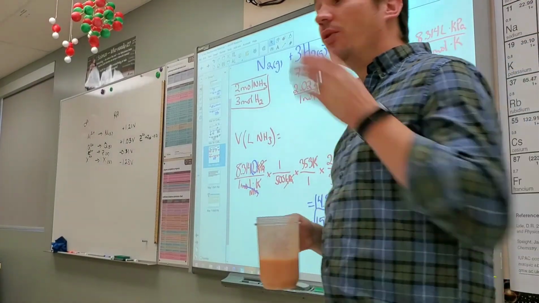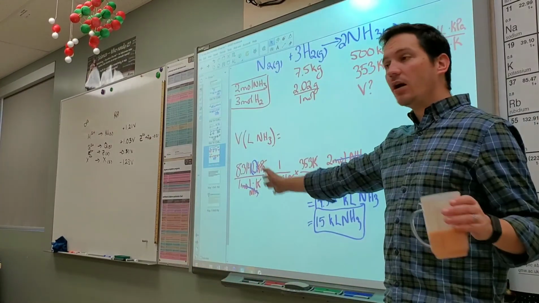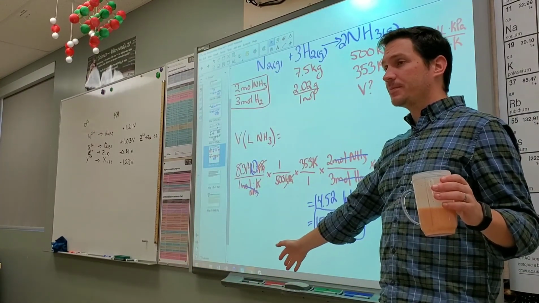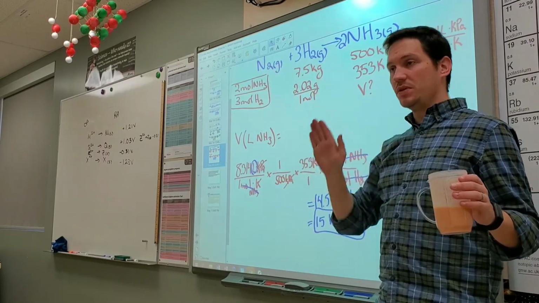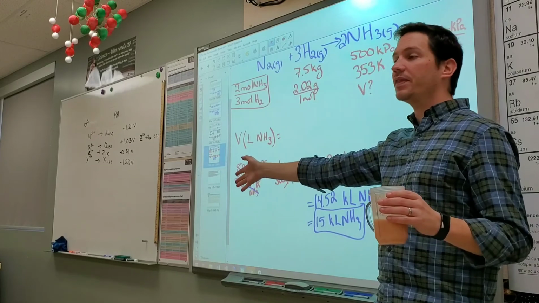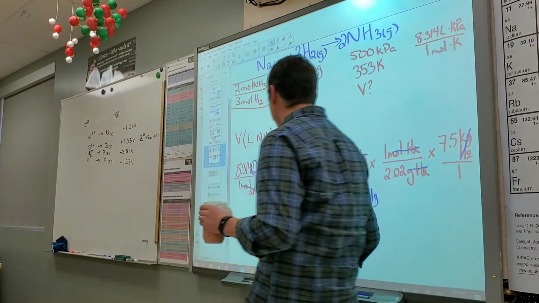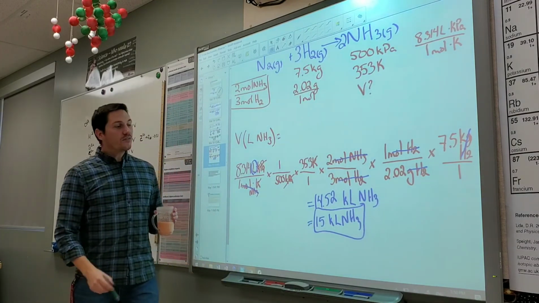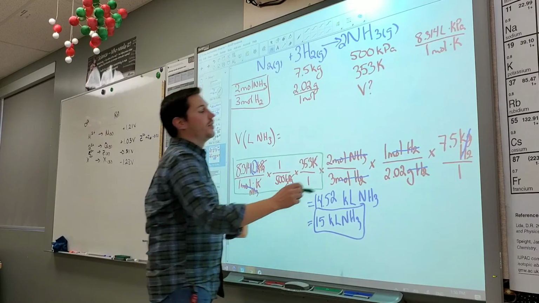Again, the one thing I want you to focus on, what is stoichiometry all about? The moles of one substance to the moles of another substance. Doesn't matter how you get there as long as you get there. Don't put your stuff away yet. All of this first stuff had to deal with ammonia.